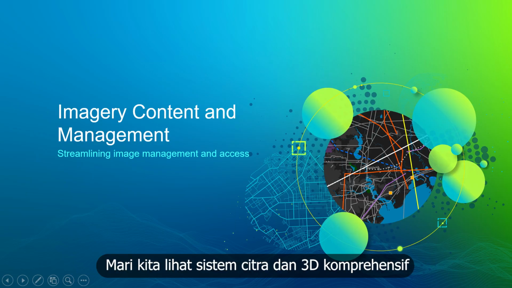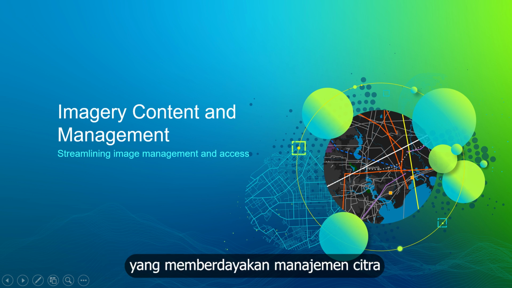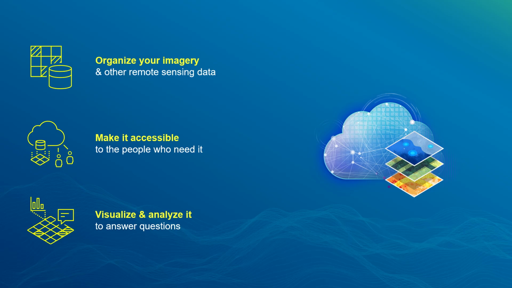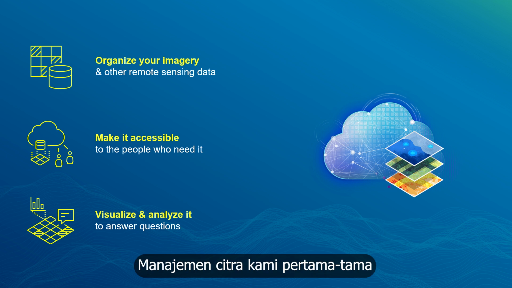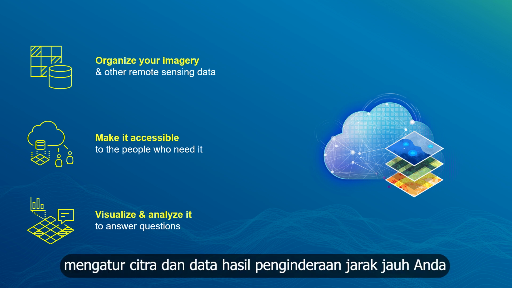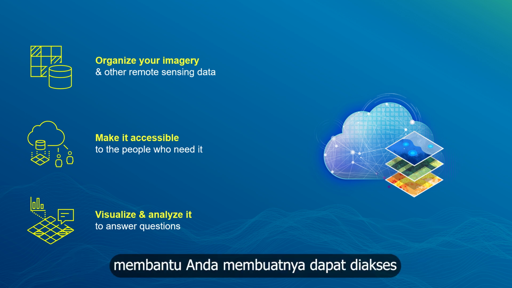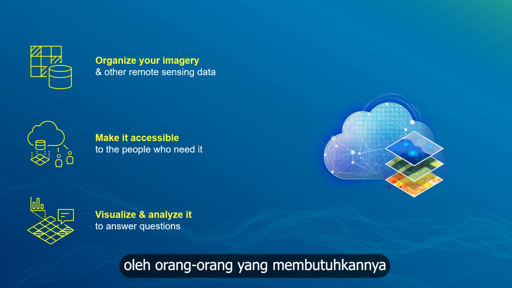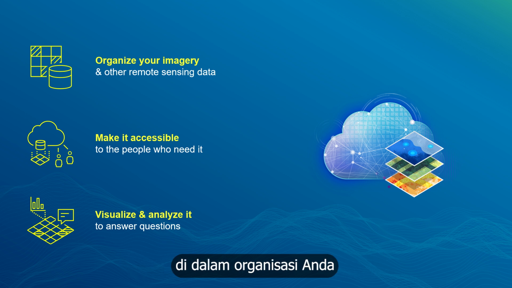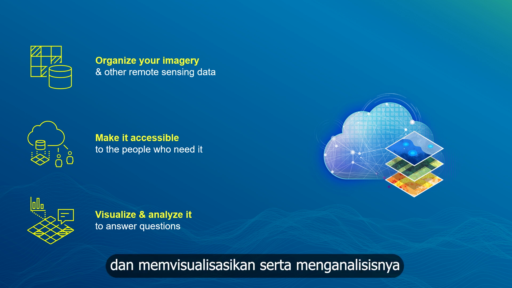Let us look at the comprehensive imagery and 3D system empowering imagery management. What our imagery management does is first organize your imagery and remotely sensed data, help you make it accessible to the people who need it within your organization, and visualize and analyze it to help you answer questions.